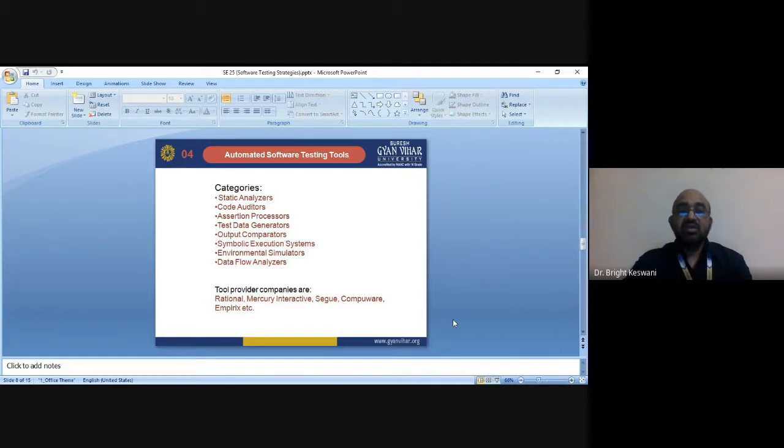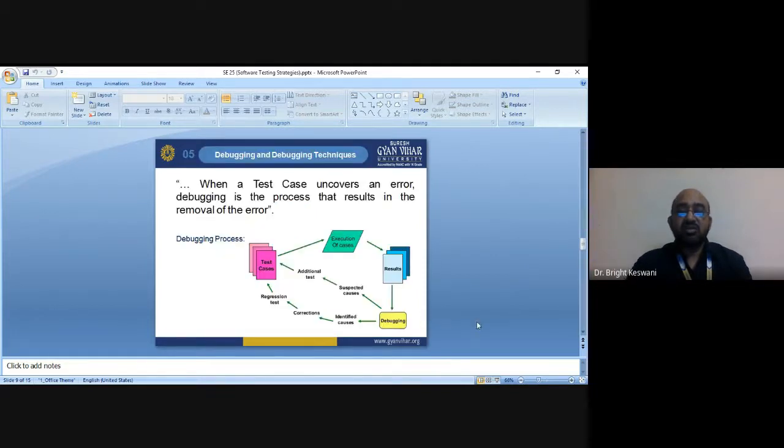Okay, let us come to the debugging process. What is debugging? What is the debugging process, and what are the various debugging techniques? Let us discuss debugging. When a test case uncovers an error, debugging is the process that results in the removal of the error.